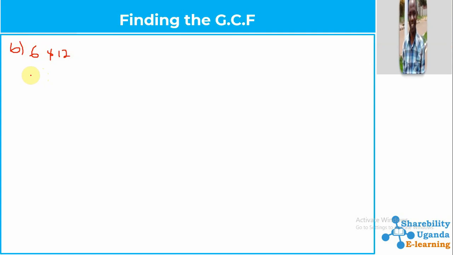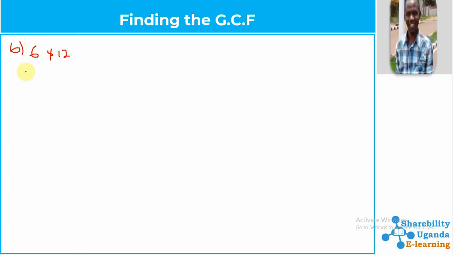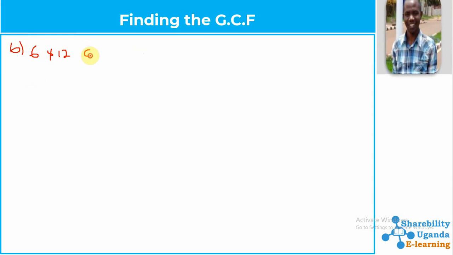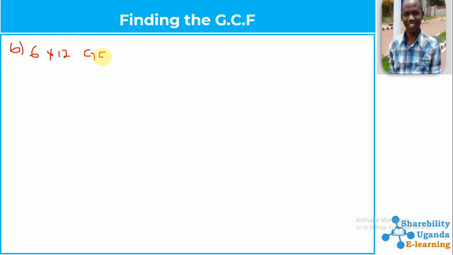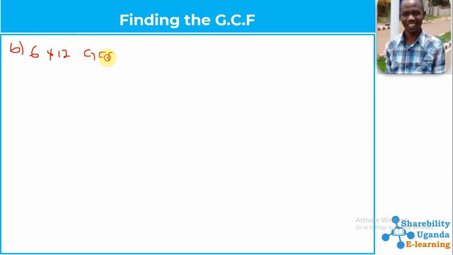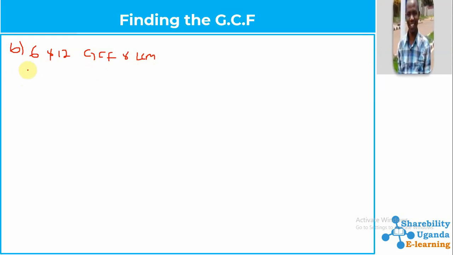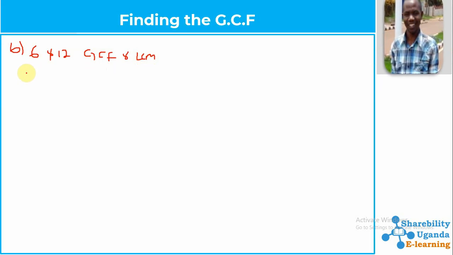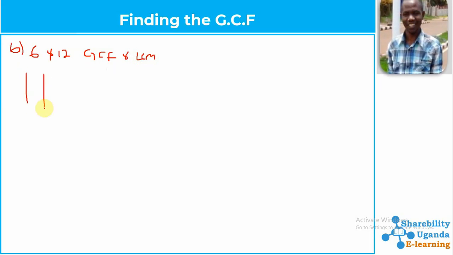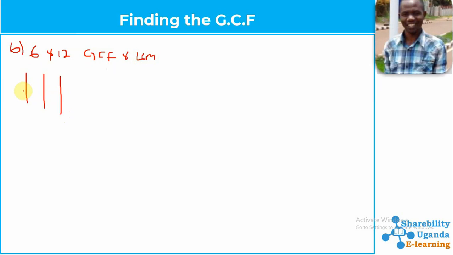So also here we said when you are to handle this by prime factorization, remember we want to first have the greatest common factor and the LCM. So we said you can use any method to get the same answer. So let's use the ladder method.